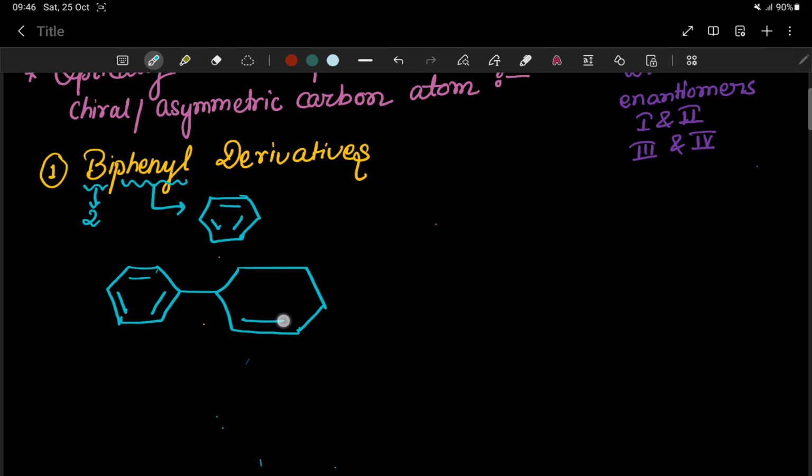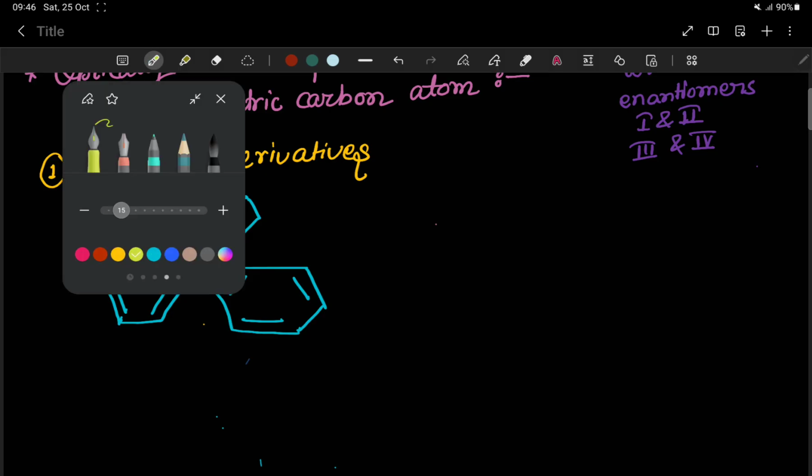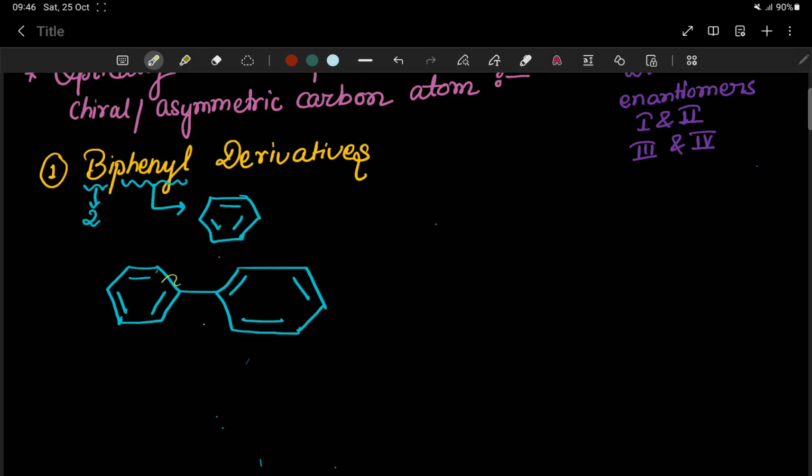This is our biphenyl group, and here I am going to attach a derivative, a sulfonic acid, let's say. I'm adding a sulfonic group over here, SO3H. This is a sulfonic group.